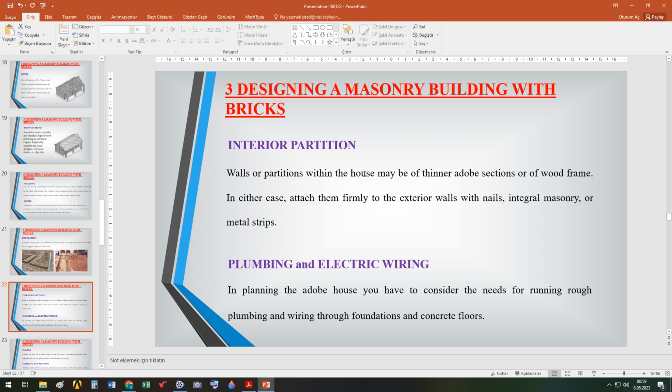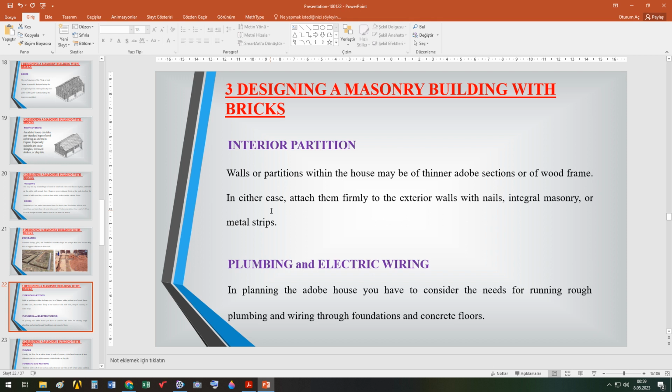Walls or partitions within the house may be of thinner adobe sections or of wood frame, but I prefer using the same thickness in the inner parts, because not only the vertical dead load is carried by the walls, but also the lateral earthquake load will be carried by the house.